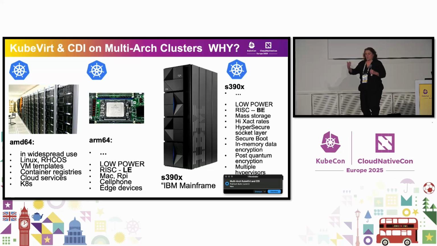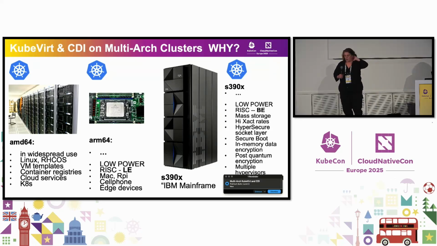ARM64, you've got all of those things, except also they run at about half the power per CPU cycle. They're a reduced instruction set, run on little endian encoding, just like x86. And these are your usual Mac, Raspberry Pis, cell phones, and edge devices. So this is out at the edge very often, but also in big server rooms as well these days.